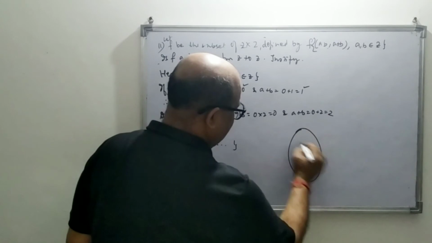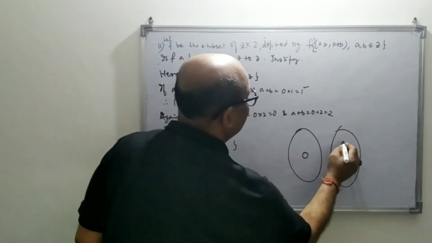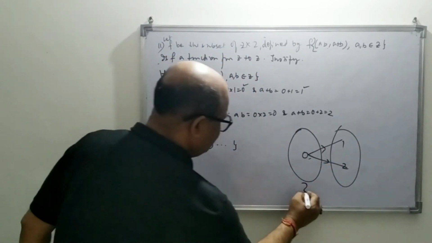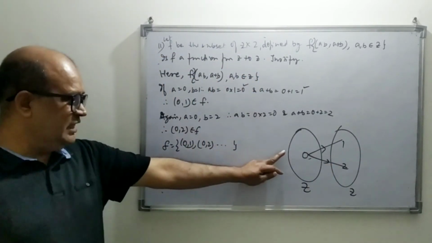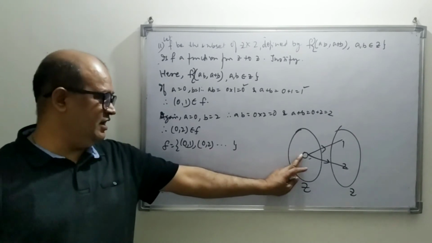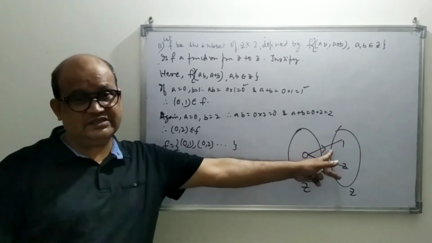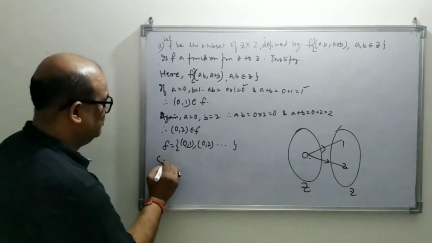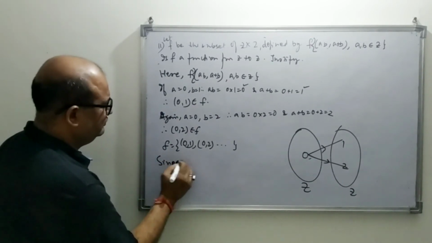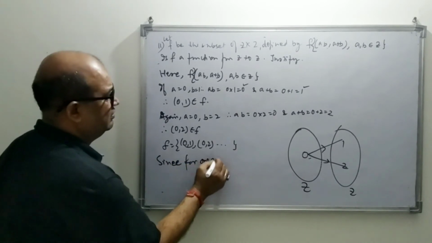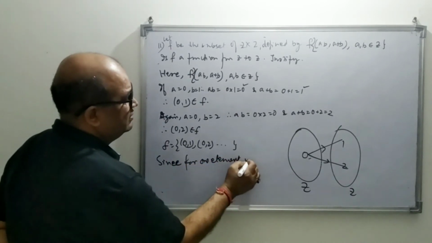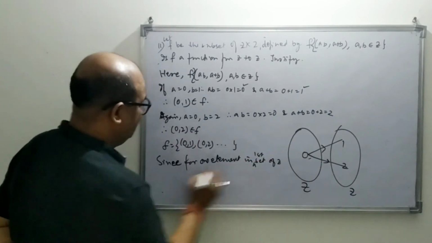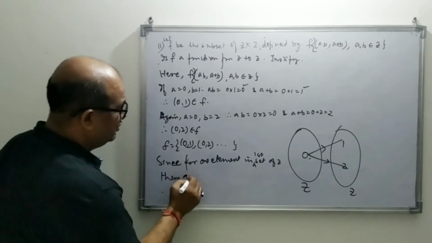So what I get here? This is 0, and 1 and 2. So for 0 in the first set Z, there are two images in the second set. So for one element in the first set, there are two images.